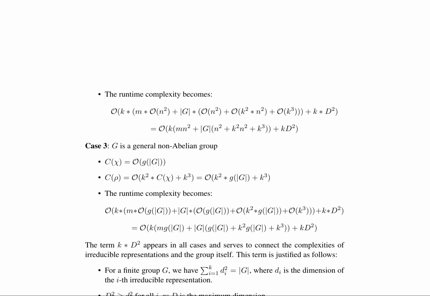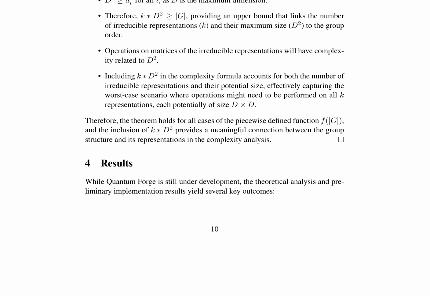In the case of a finite group G, it is O(kmg + g^2 + k^2g + k^3 + kd^2), with g representing the complexity of computing the quantum Fourier transform over the group G.